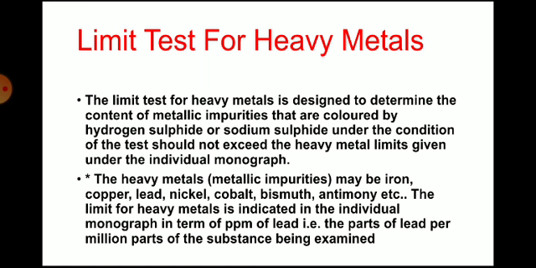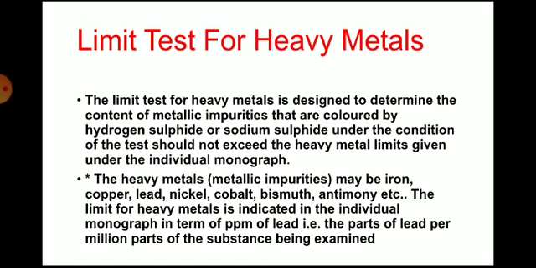The limit test for heavy metals is designed to determine the content of metallic impurities that are colored by hydrogen sulfide or sodium sulfide under the conditions of the test, which should not exceed the heavy metal limit given under the monograph.